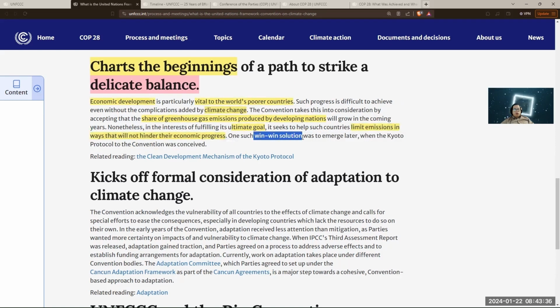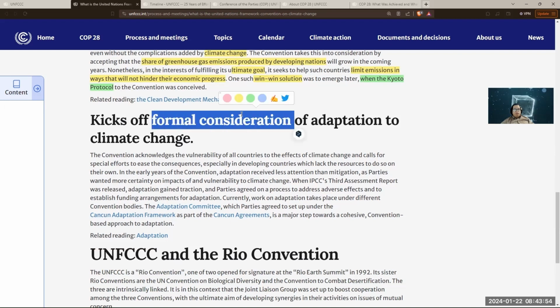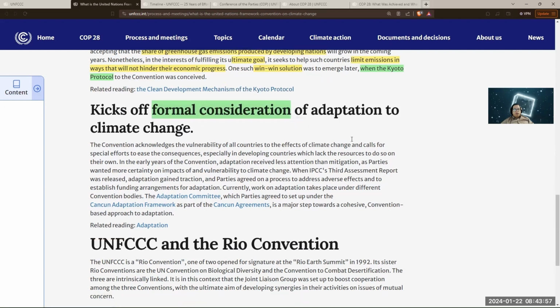We try to have a win-win solution. When the Kyoto Protocol was conceived, which is important paperwork we'll see up here, we'll go with that later, it kicked off a formal consideration of adaptation.